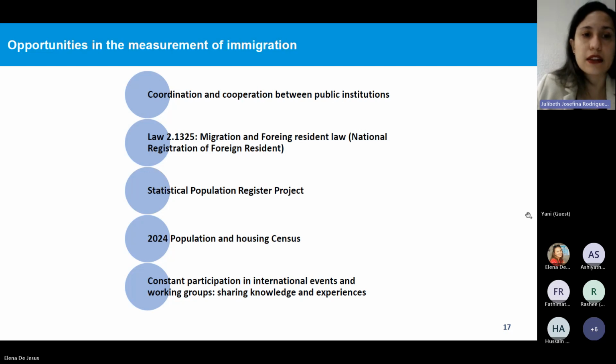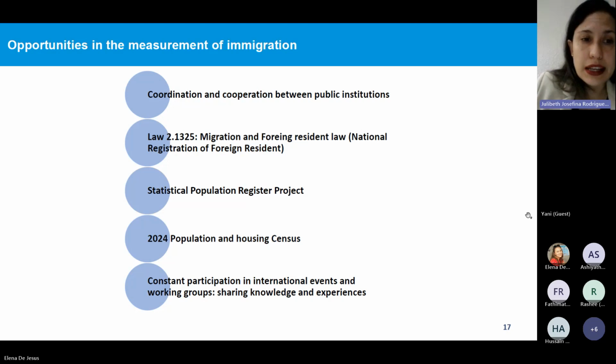The law says that the state must construct a registry of Chileans residing abroad, which is in charge of MINREL, and a registry of foreigners residing in Chile, which is in charge of CERNIC.